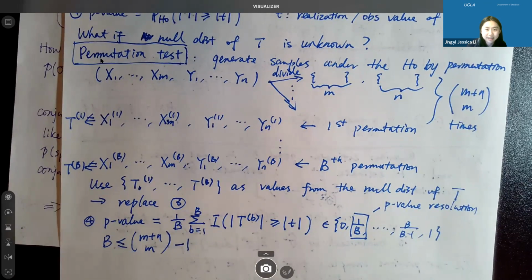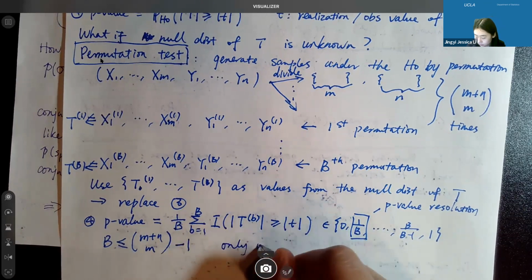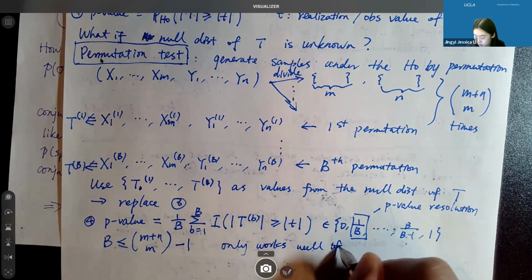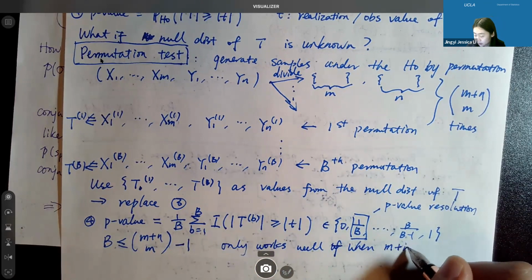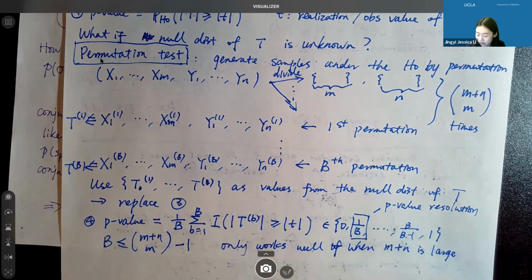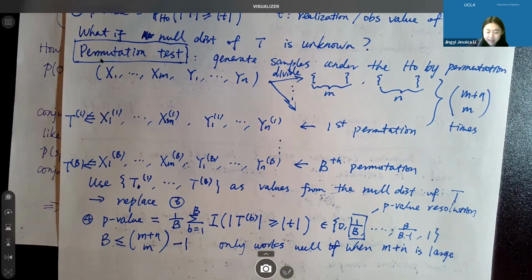So if M and N are very small, then this capital B is also very small. That's why this only works well when M plus N is quite large, or I should say when both M and N are very large, then this permutation makes sense. That's the limitation.